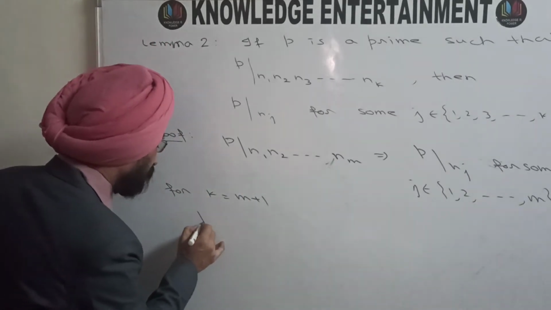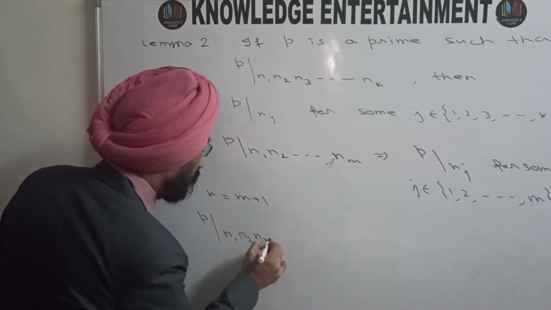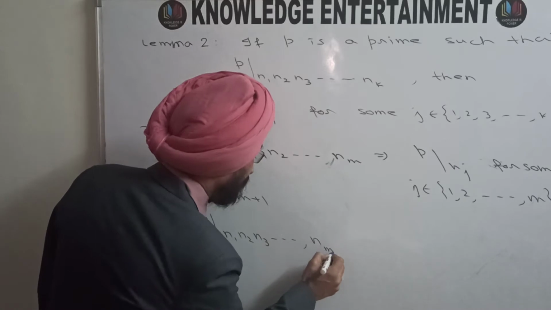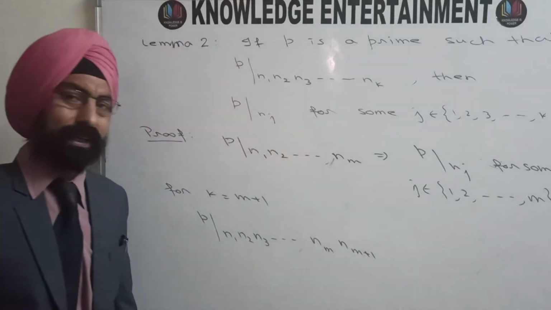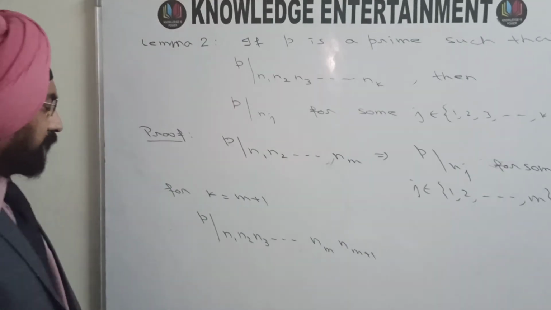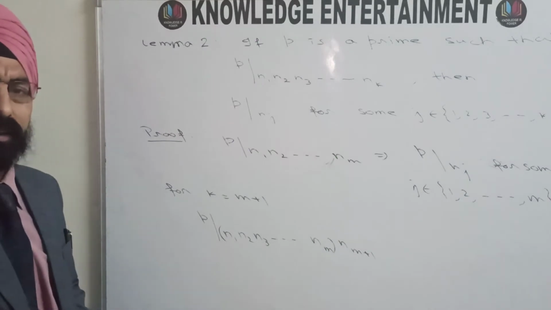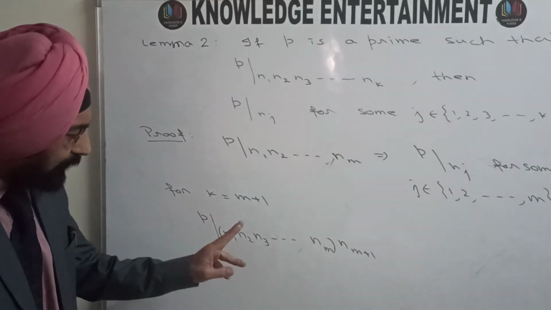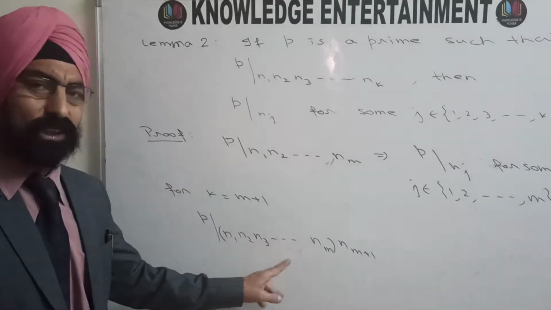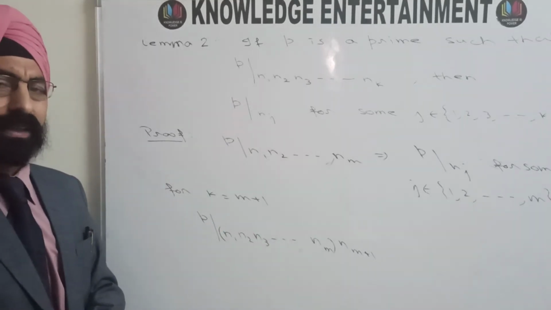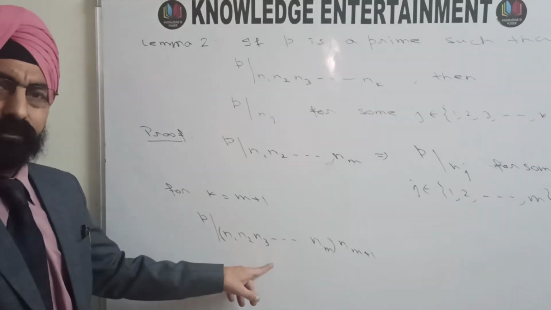Now look, P divides n1, n2, n3, nm and nm plus 1. Look at this number as 1. Suppose P does not divide this number, then the greatest common divisor of these two will be 1.